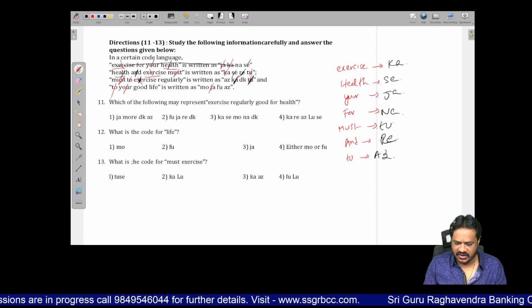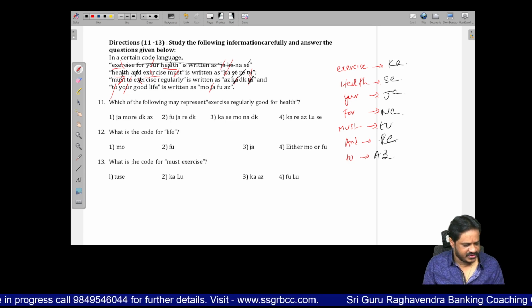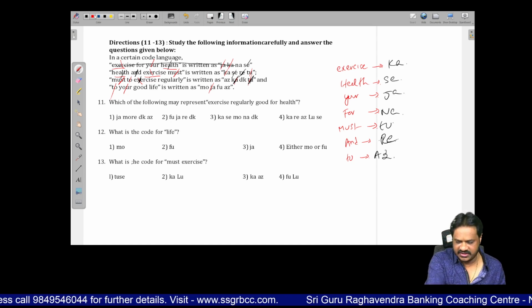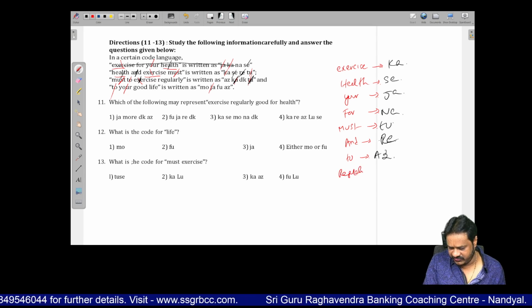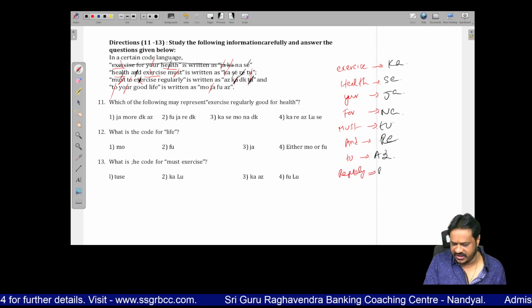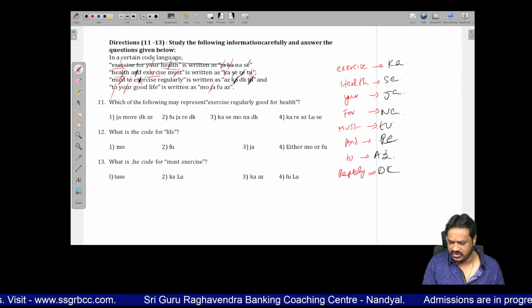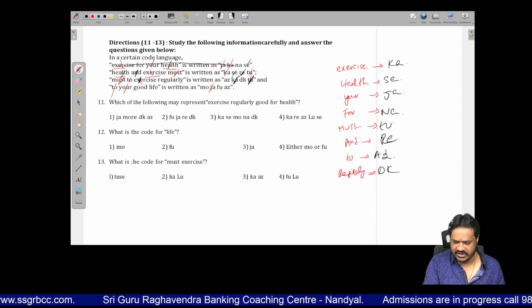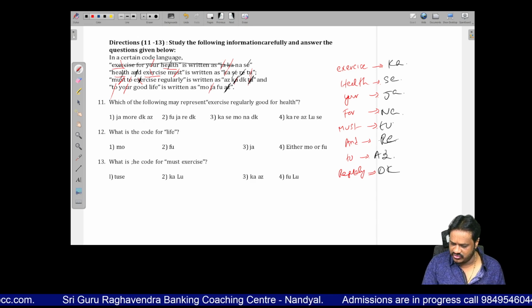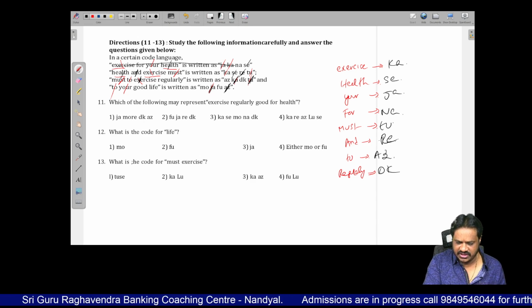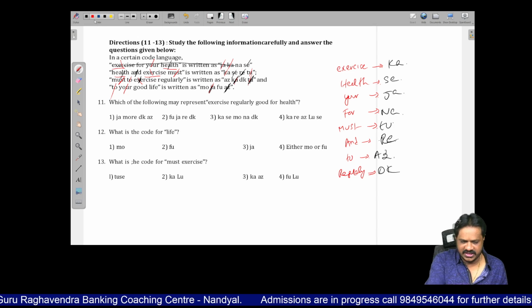Then regularly means DK, the remaining code. Come to the last sentence. To your good life. To is AZ, your is JA. Good life. Now we don't have any additional sentence.